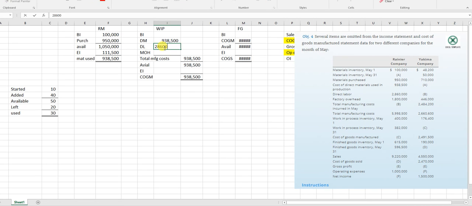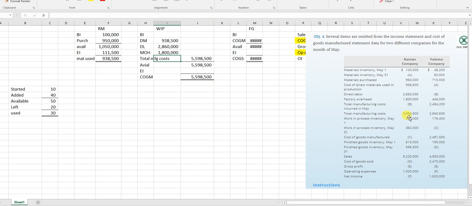I think I need one more zero. Factory overhead. Total manufacturing costs. So notice 5,998,500, that's that number. I've got it added up for me.